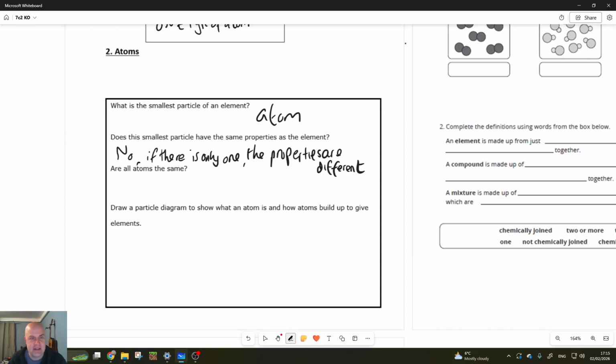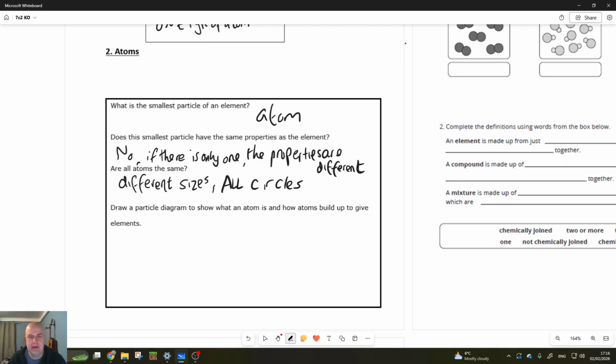That's in GCSE. Are all atoms the same? They are different sizes, basically. But we're going to say they're all circles. So make sure there's a circle. Don't be drawing one like a hot dog.